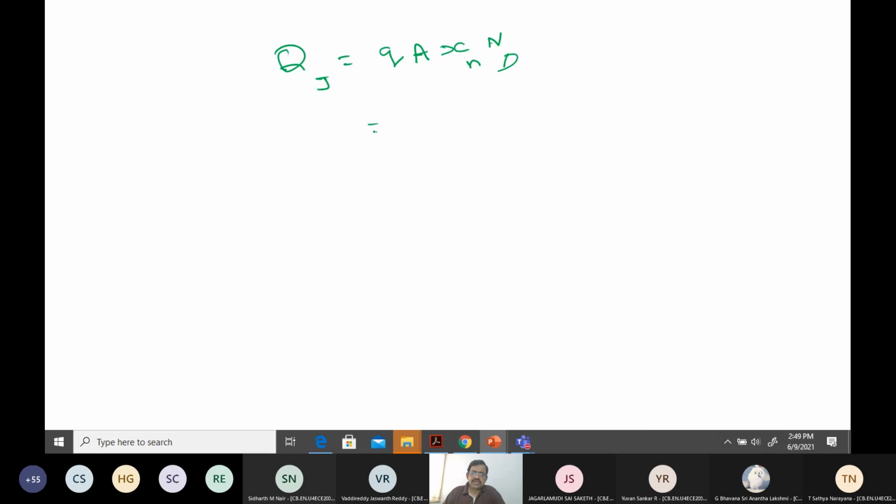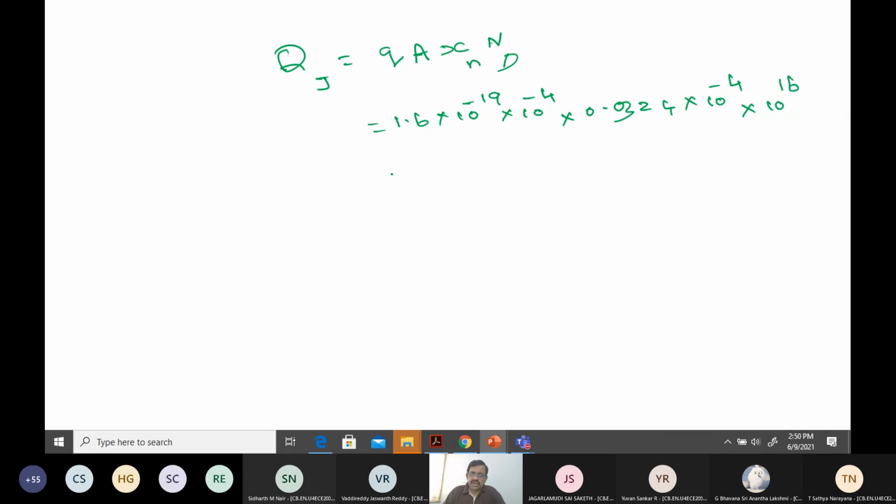So when I substitute here 1.6 into 10 power minus 19, into 10 power minus 4, everything in centimeter square. Xn is 0.324 micron, so in centimeter it will be 10 power minus 4. Nd will be 10 power 16 per centimeter cube.